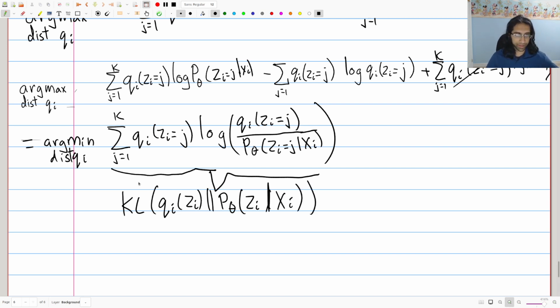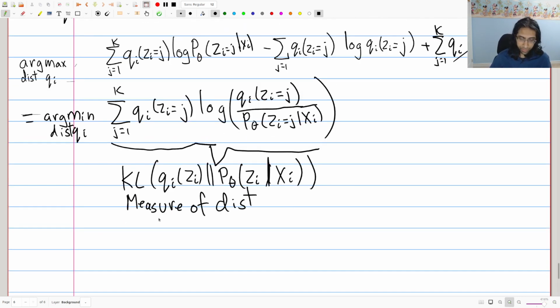So what is the KL divergence, you might be asking? Well, the KL divergence is a common way of measuring distance between distributions. It's read as the KL divergence of qi with respect to p theta. It's a non-symmetric thing. You'll notice if you swap the locations of p theta and qi, it's not necessarily the same thing. So it's an asymmetric measure of distance, and a common one used with probability distributions.